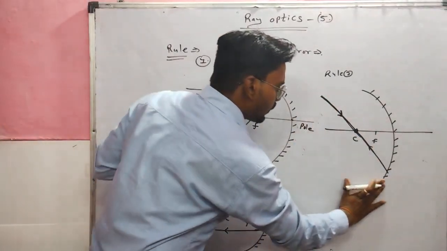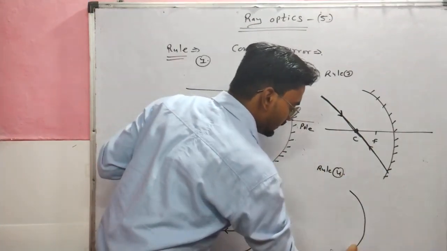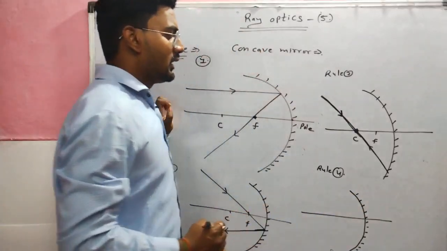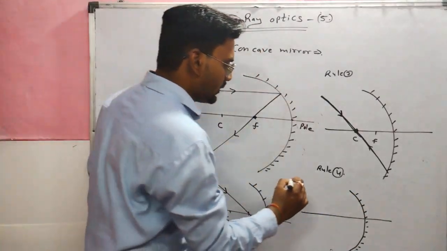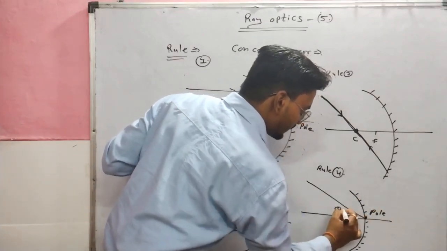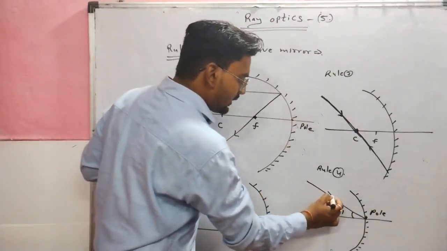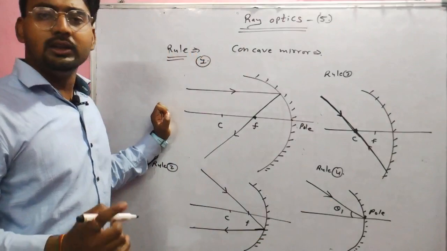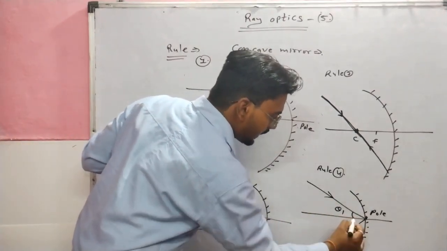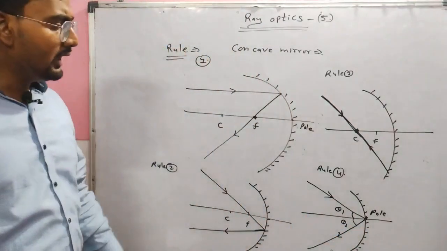And one more rule we have to learn, which is rule number 4, and this rule says that when a light ray is coming at some angle to the pole, suppose this is our angle theta 1, then if the incident light ray makes an angle theta 1 with the principal axis, after reflection the same angle will be formed by the reflected ray with the principal axis.